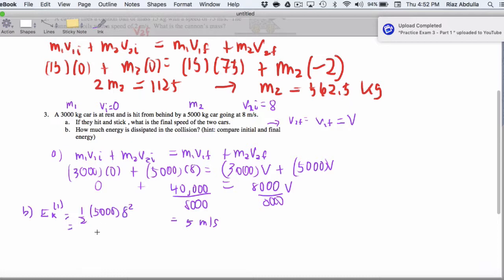We square that. When we actually do that, its initial kinetic energy is going to be 160,000 joules.